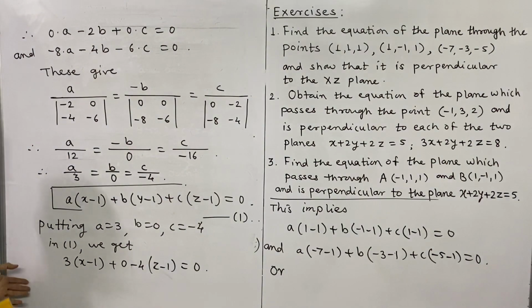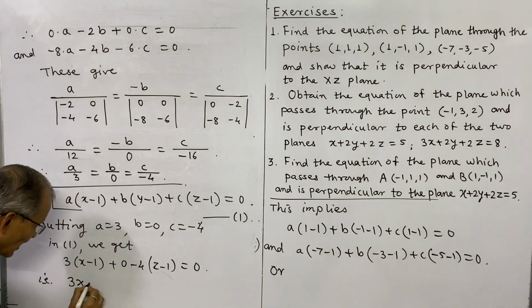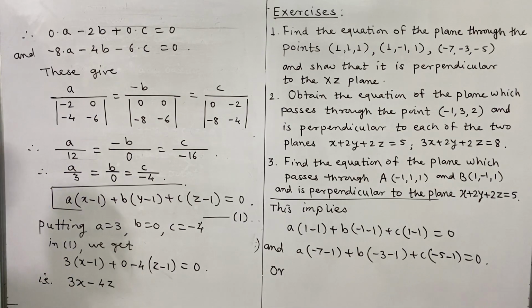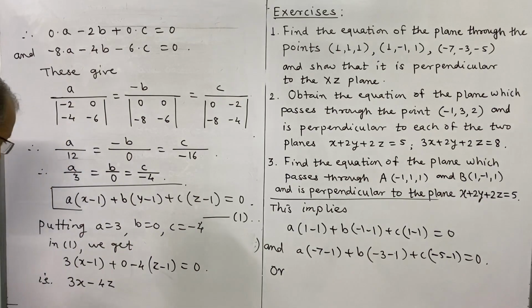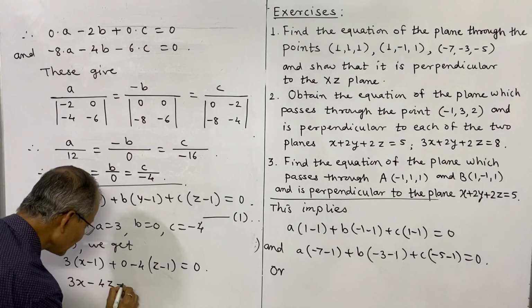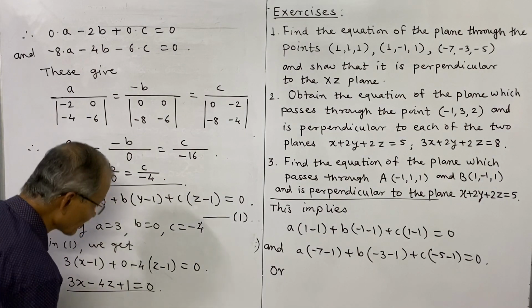Or after simplifying, what is the equation? That is 3x, this is 0, minus 4z, and what is the constant? You see -3, and this is +4, and that means +1 is equal to 0. So this is the equation of the required plane.